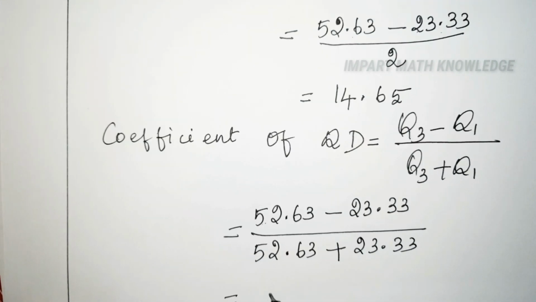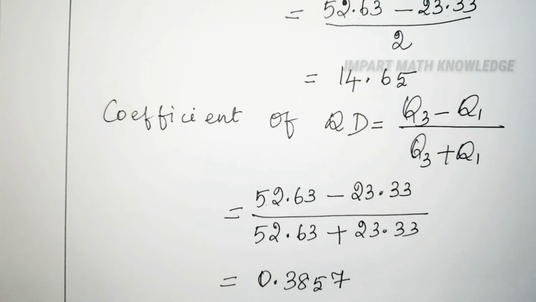If you simplify this, you will get 0.3857. In this way, you have to find range, coefficient of range, quartile deviation and coefficient of quartile deviation for the given data.